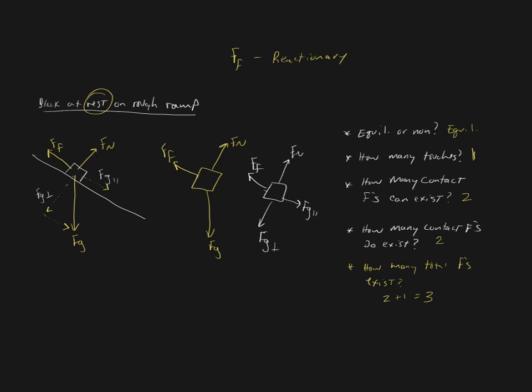All right, now if we want to double check to make sure that we've drawn this correctly, we can draw a head to tail diagram. So we have the normal force points up and to the right. We have the force of gravity, which points straight down, and then we have the friction force, which points up and to the left.